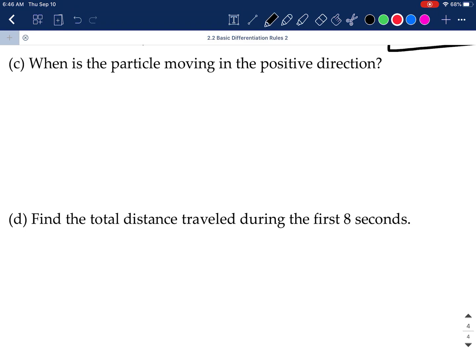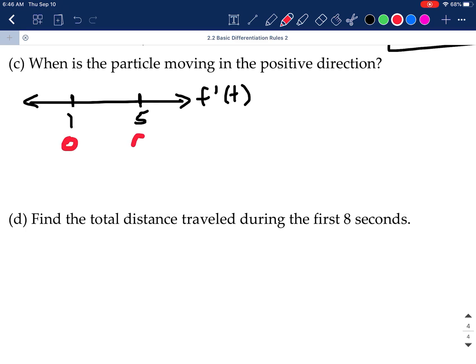Well, one thing we do know is that the only time it changes direction is going to happen possibly at 1 and 5. So at 1 and 5, note this is f prime of t, we know that at those values, the velocity is 0.